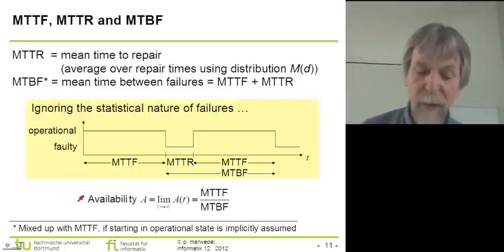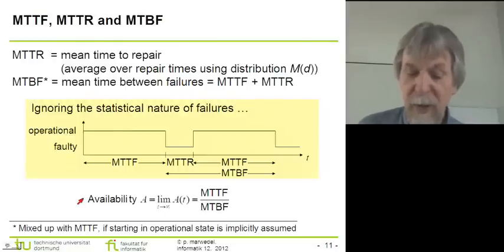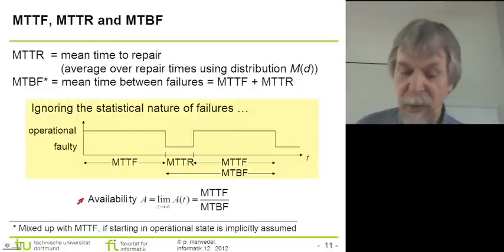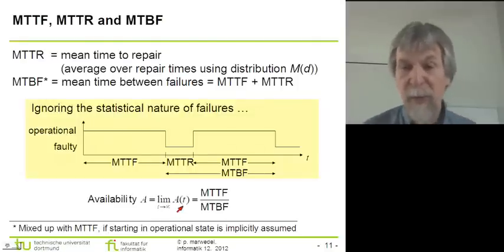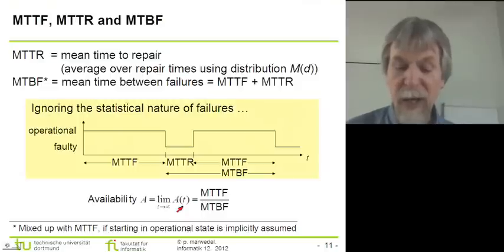Okay, so considering a situation where we actually do repairs, we can consider for which percentage of time we actually have an operational system. For this purpose, it does make sense to consider the so-called availability, which may in general be a function of time.